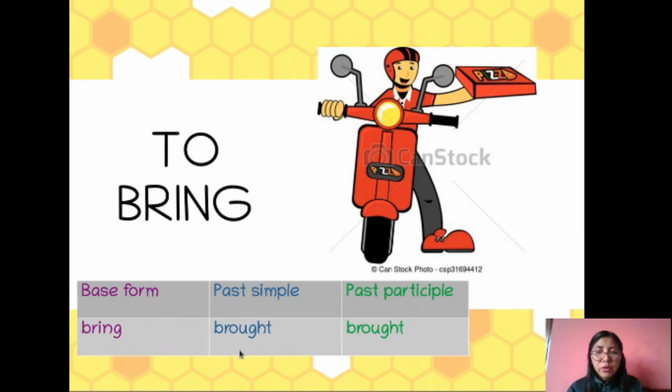The base form bring, past simple brought, and past participle brought, okay? In this case, we have the same in past simple and in past participle, okay? So that is easier to learn, okay? Bring, brought, brought. I am going to give an example in past participle. In past perfect tense, for example, he had brought a pizza. Okay, I am using in past perfect.